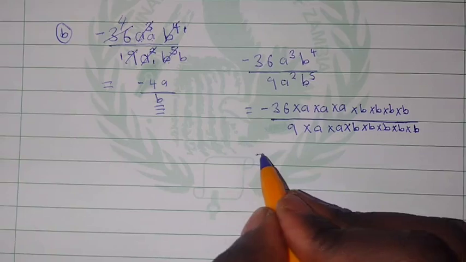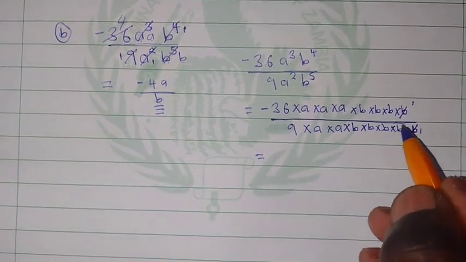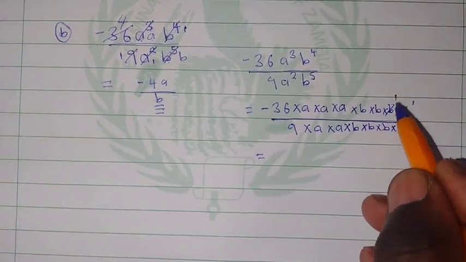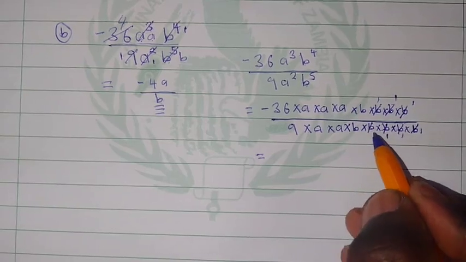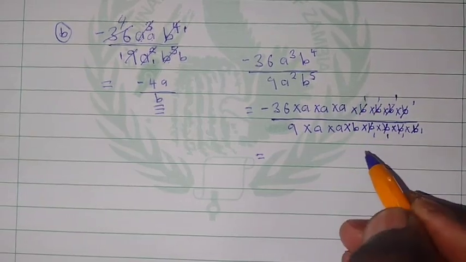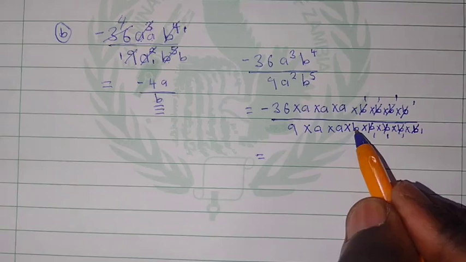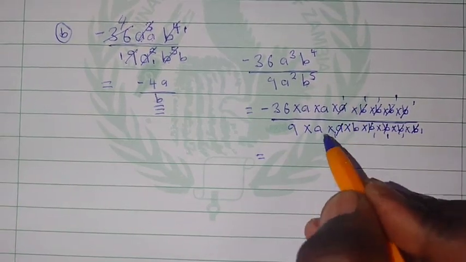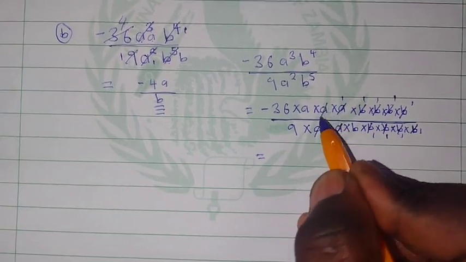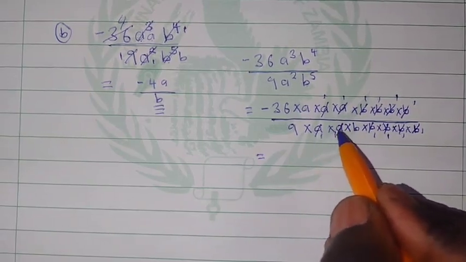Then from here, you can start cancelling. b here 1, b here 1. Again, b here 1, b here 1, b here 1, again b here 1. Again, b here 1, b into b 1. So we have cancelled the b's on top. Down here, we're just remaining with this b. Let's go to a here 1, a here 1. Again, a here 1 into this a, it's a 1. We have cancelled the 2 a's that are down here.